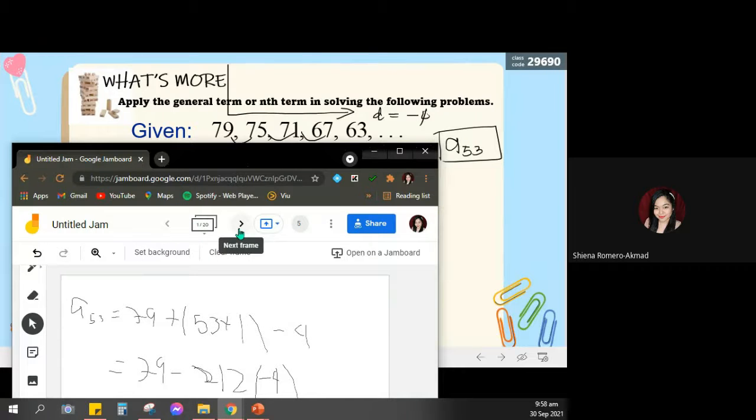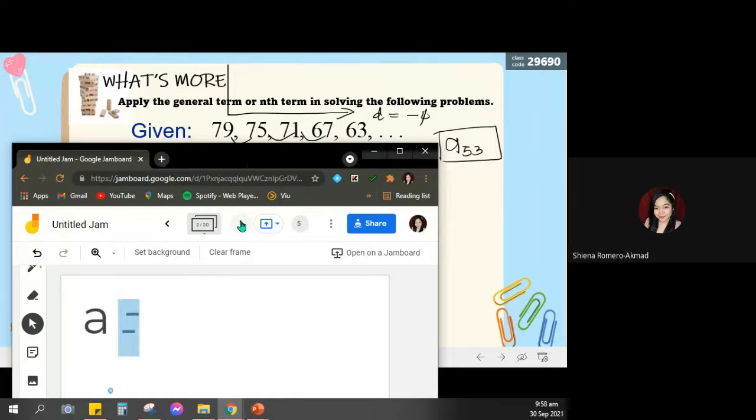Pindutin nyo lang yung arrow. Ayan, tingnan natin sa second frame. Ayan, may nagtatype na. How about sa frame number 3?